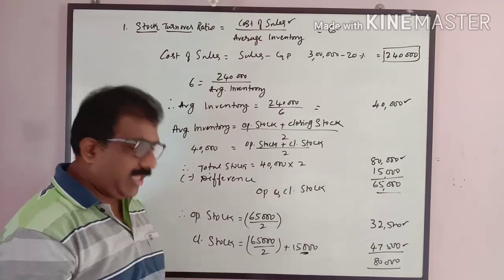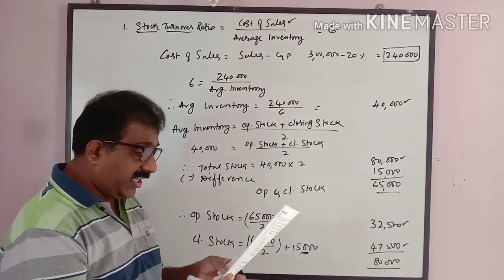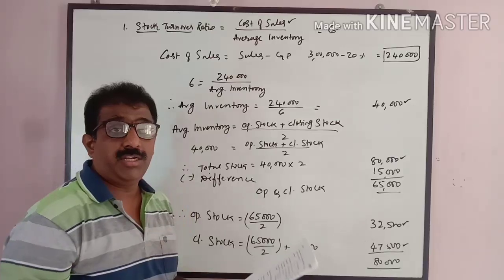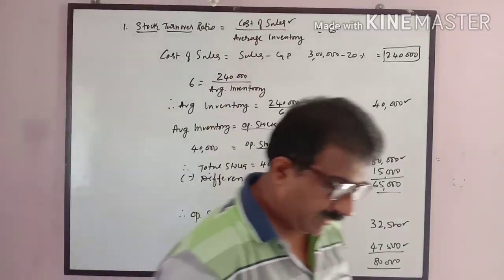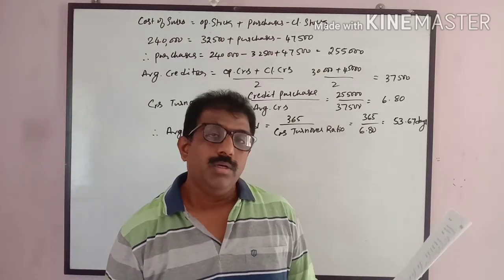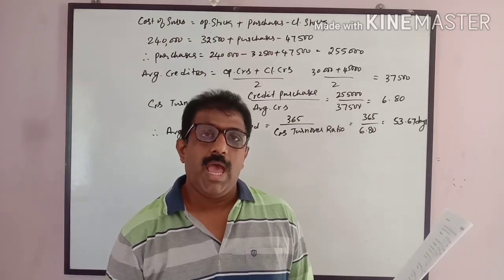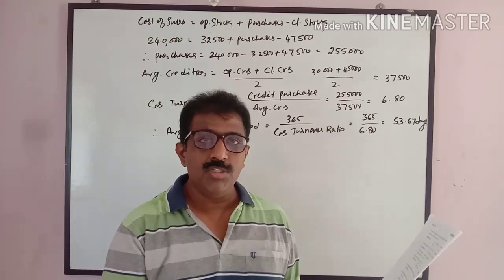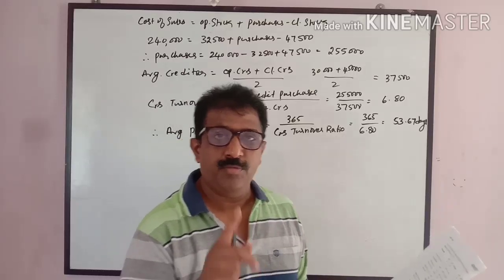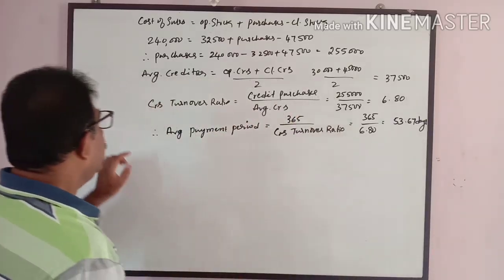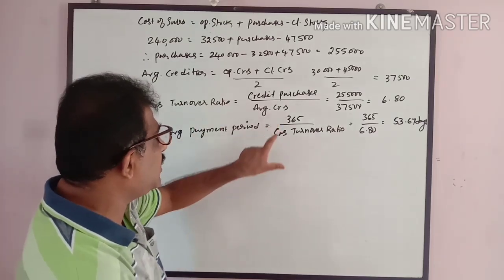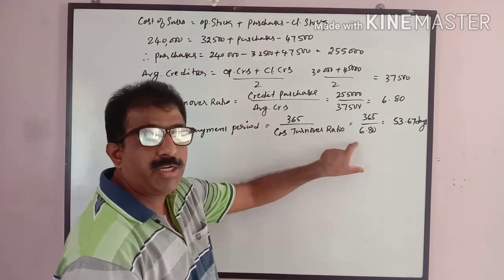Now, the second part: they are asking us to find out the average payment period and purchases. Let me work out how we can calculate the purchases. We calculated the cost of sales, average inventory, opening inventory and closing inventory. To find the average payment period, this is the formula: average payment period is equal to 365 divided by creditors turnover ratio.